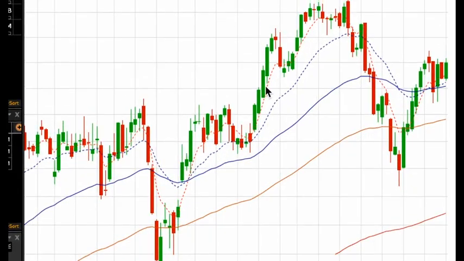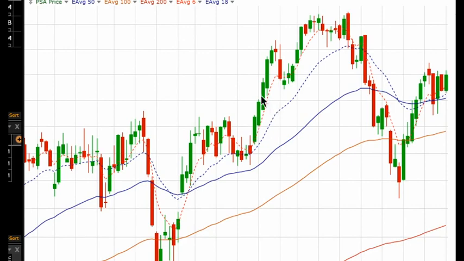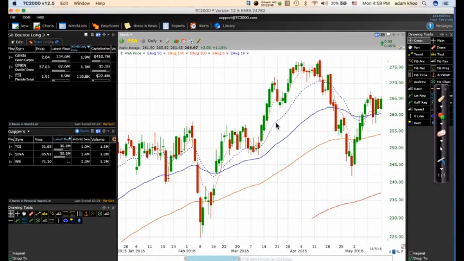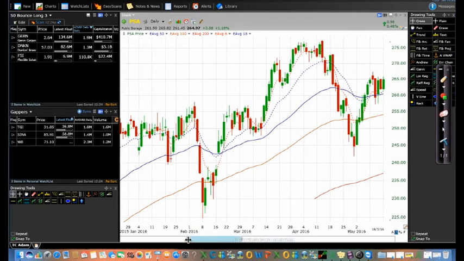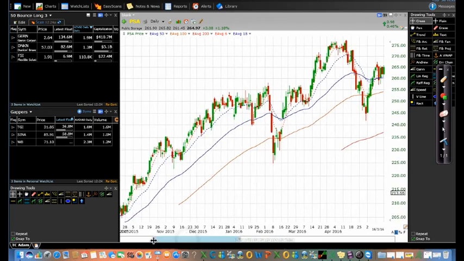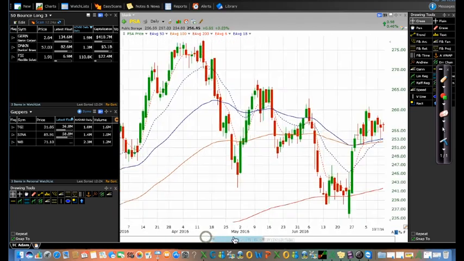Okay, so this is my 6 and 18 EMA, which will help me to determine the bullish signal, all right? And we're going to put a 50, 100, and 200 moving average to tell us where the bigger trend is, or where the bigger trend lies, okay?